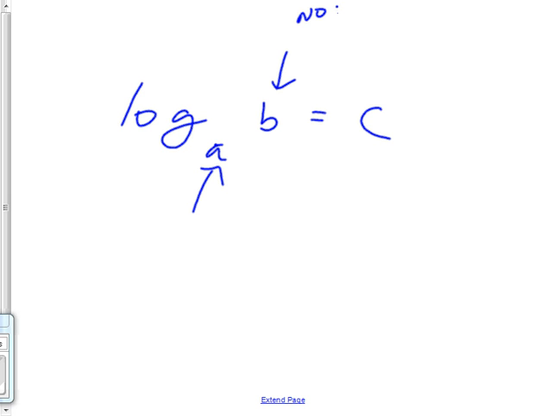And I'd like you to write the rules for yourself, because this is the easy kind of problem. If we were to throw one of these on your test, honestly, I have no idea if it's on the test or not. I just know if I were going to put a question on the test to try to test generally do they get what things are allowed and what aren't, I might make this negative, because you can't have negatives in the base spot, and you can't have negatives in the argument spot.